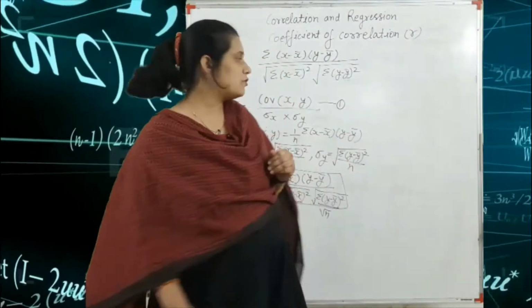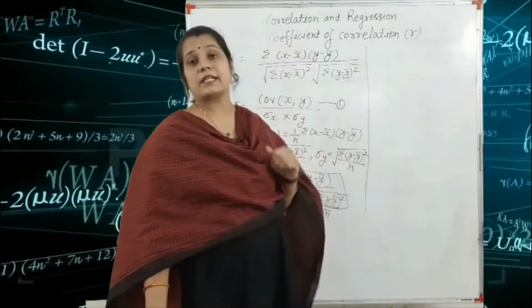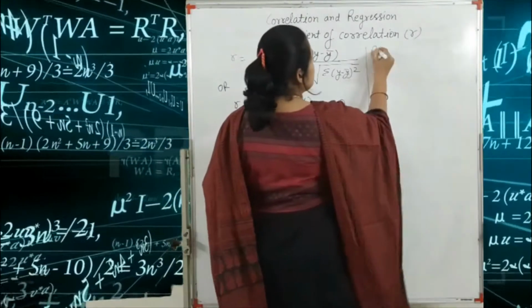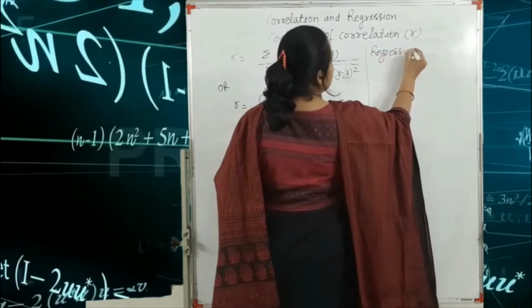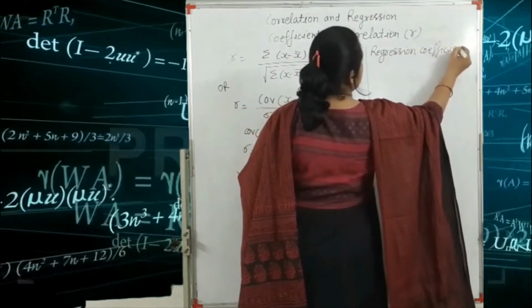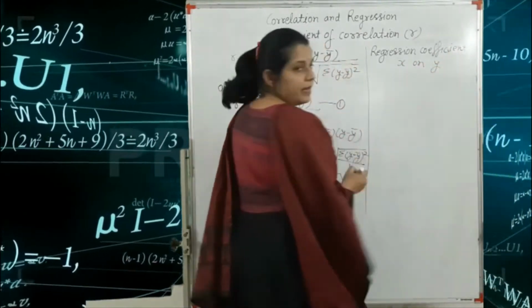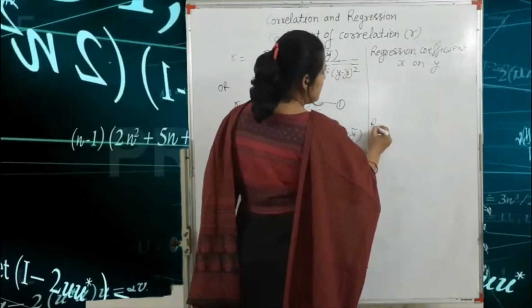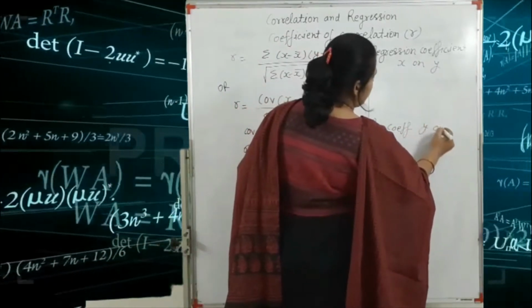In the regression coefficient topic we have two types of regression coefficient. The first one is the regression coefficient x on y, and the second is the regression coefficient y on x.